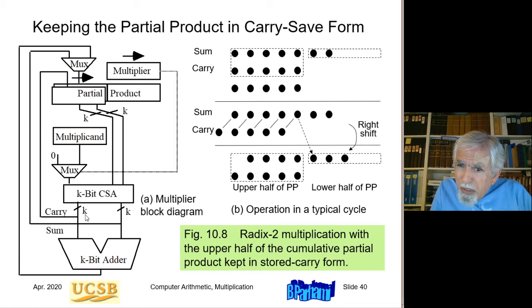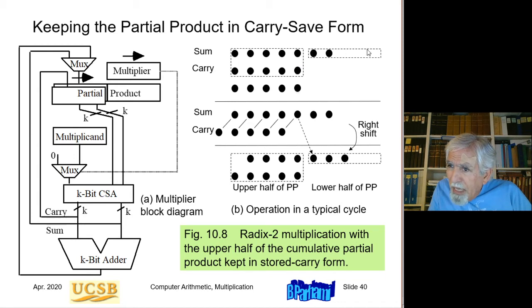At that point, I convert this carry save partial product into a regular binary product by adding the two components. Okay, so here's what happens here. This is the carry save partial product. Remember that the next number is added to the upper half of the partial product.